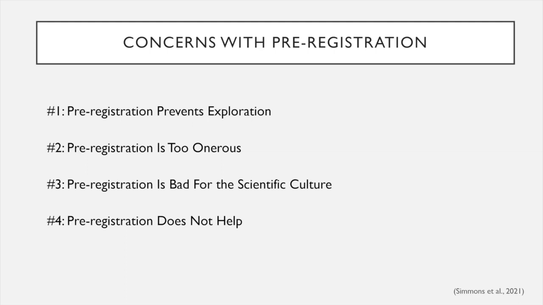Then the fourth concern that Simons and colleagues present is that maybe pre-registration does not help so much to detect p-hacking, because p-hacking is caught in the review process anyway. And the truth is, sometimes p-hacking is seen and understood by the reviewers, but a lot of times, it is not.